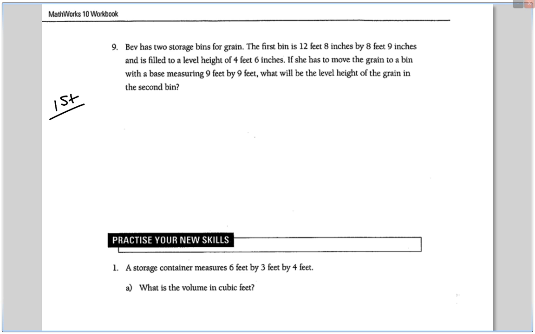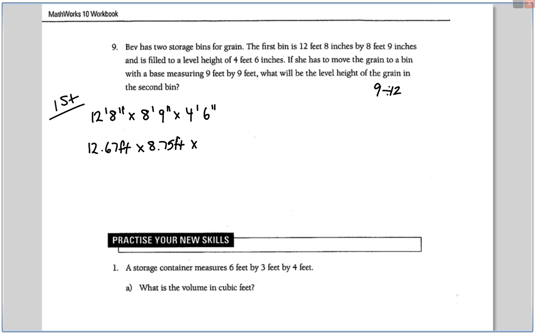Okay, so first bin, it's 12 foot 8 inches by 8 feet 9 inches and 4 feet 6 inches. I think we converted this one already. The 12 feet 8 inches was 12.67. Now 8 feet 9 inches: 9 divided by 12 is 0.75, so 8.75 feet.